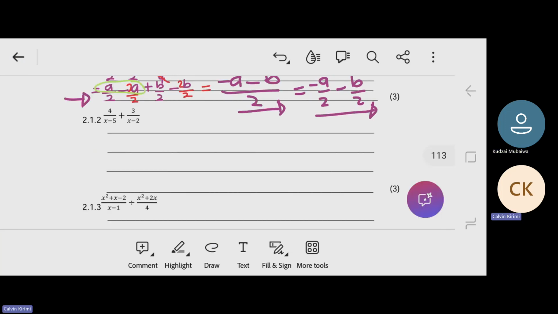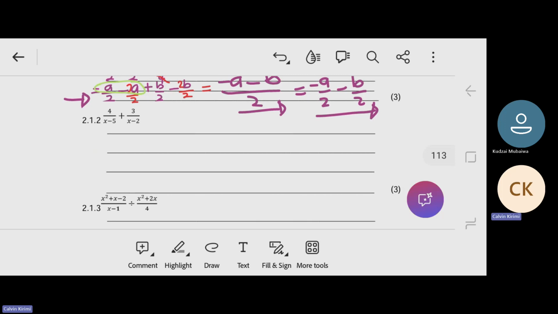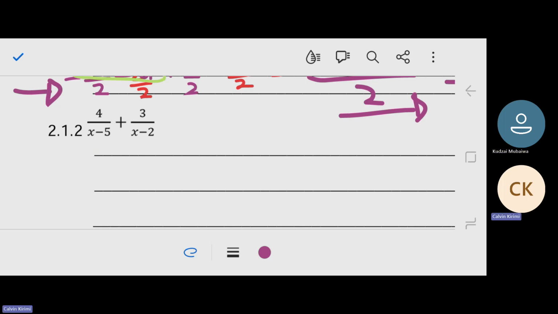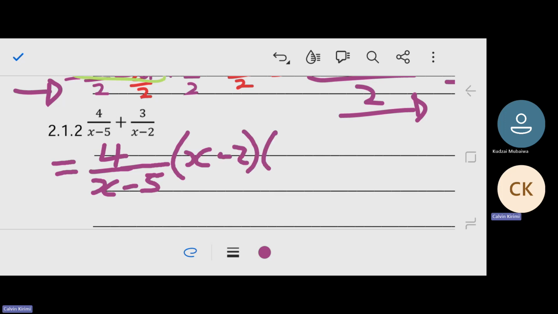Do number 2.2. Let's do number 2.2. Here I told you when you are given two brackets as denominators, the LCM is the product of the brackets. So in other words, this is 4 over x minus 5, and you are going to multiply by x minus 2.